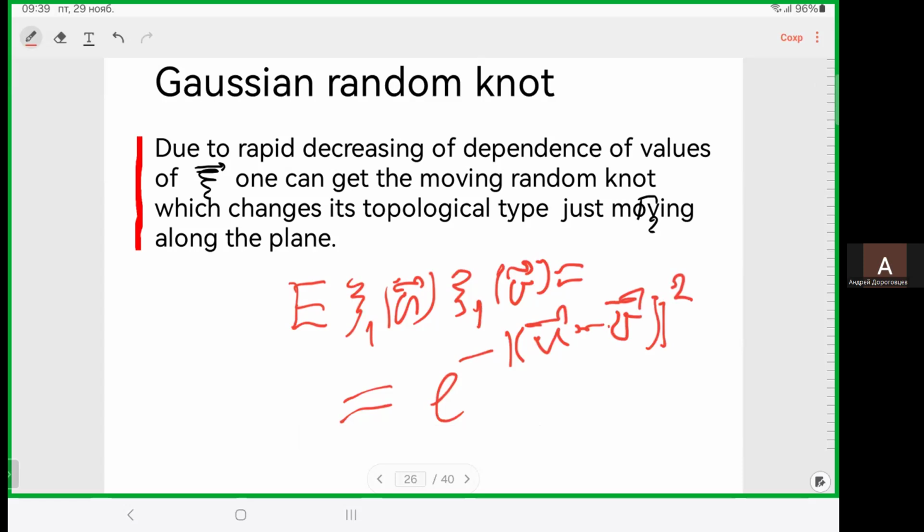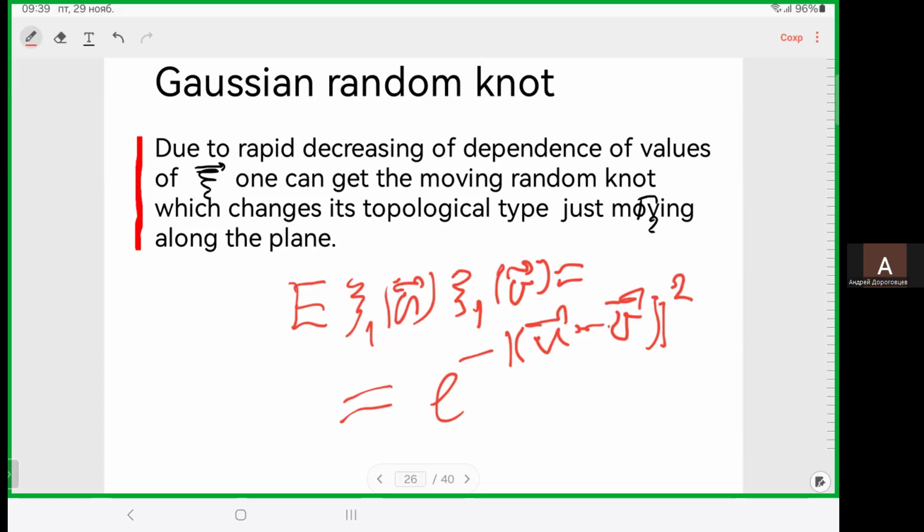So one can imagine that when the distance between U and V becomes great enough, these two random variables become almost independent. This is non-mathematical, but a good explanation of what happens.